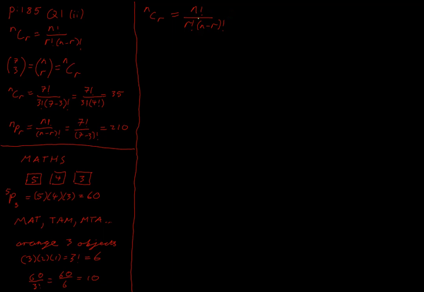So if we have this formula here, we know what factorial means. We are going to multiply n by n minus 1. So if n was 10, we'd have 10 by 9 by 8. So we'd have n by n minus 1 by n minus 2 all the way down to 1. So if we write that out, we'd have n by n minus 1 by n minus 2 on down to n minus r plus 1, n minus r, n minus r minus 1, all the way down to 1.